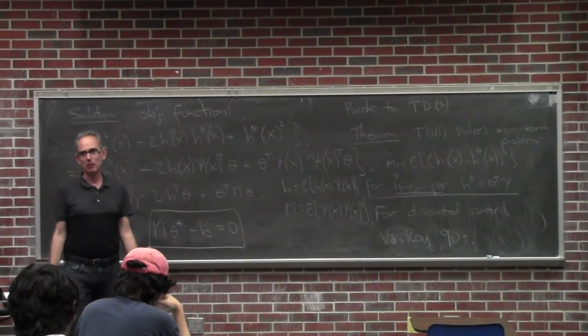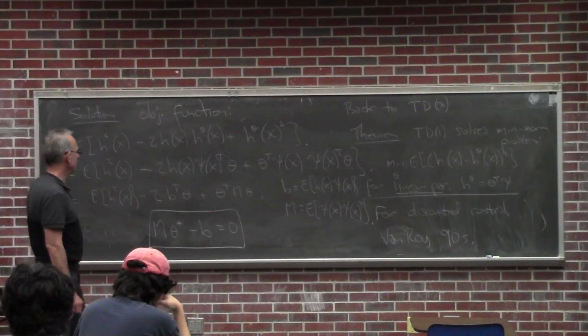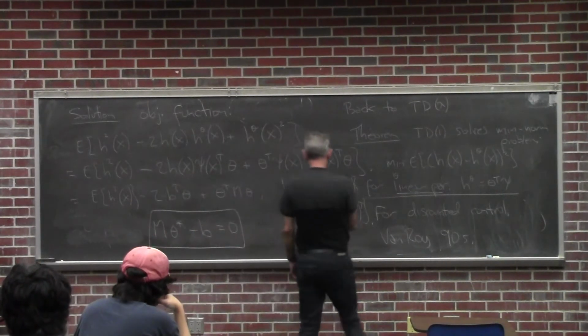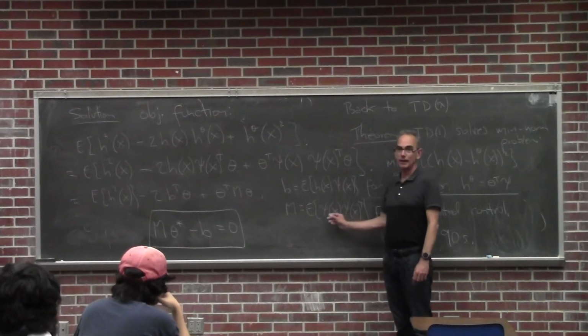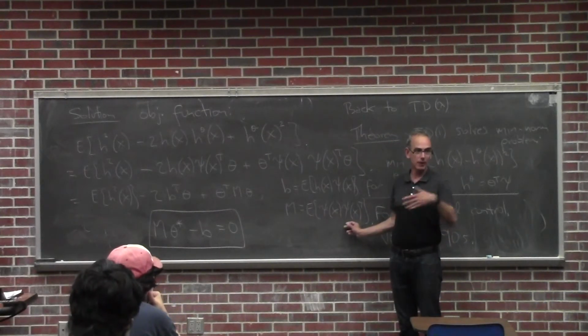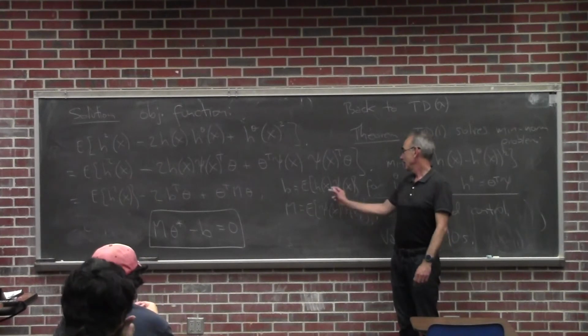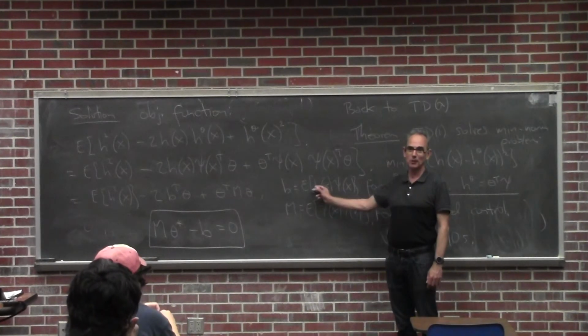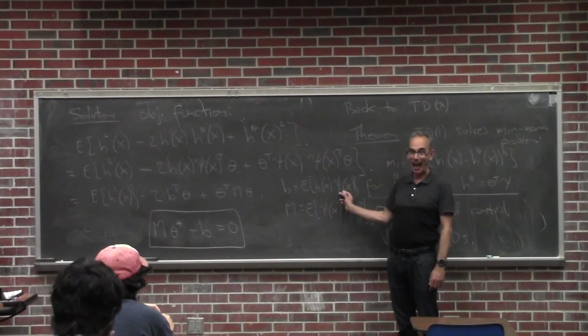So why would this be a big deal? Let's stare at this for a minute. M, I observe the Markov chain. I can estimate this by Monte Carlo. Just average over time. I'm observing X, so I can go through and estimate this by Monte Carlo.